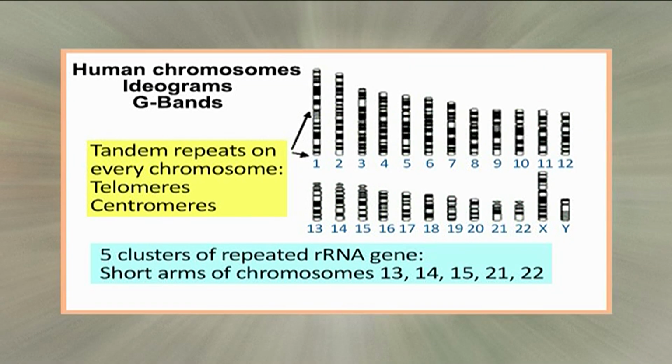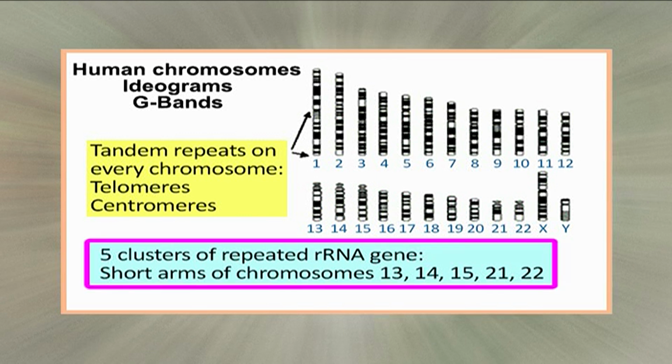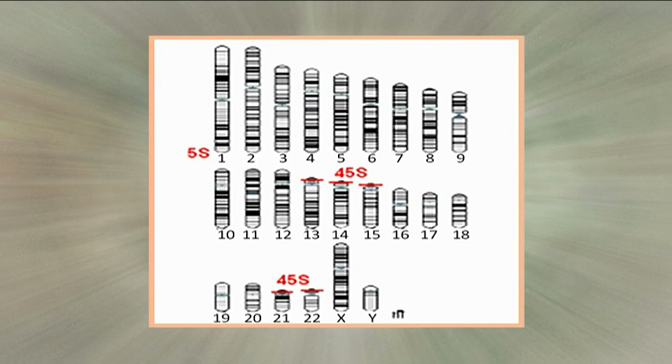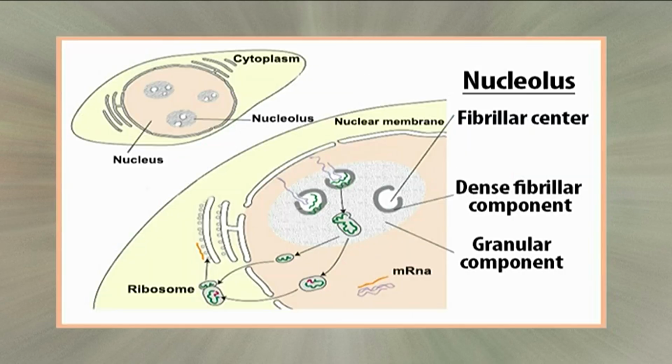The genes for 5.8S, 18S, and 28S rRNAs are clustered in tandem arrays on 5 different chromosomes: chromosomes 13, 14, 15, 21, and 22. The 5S rRNA genes are present in a single tandem array on chromosome 1.